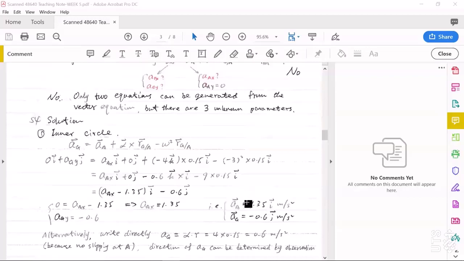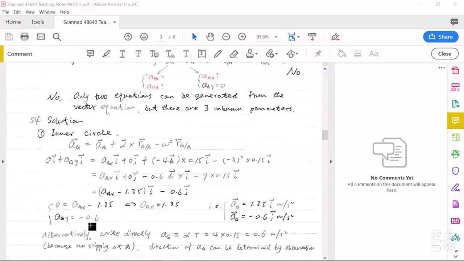And also we can work out AAX. Because we have already got the conclusions, the conclusion can tell us AAX and AGY.